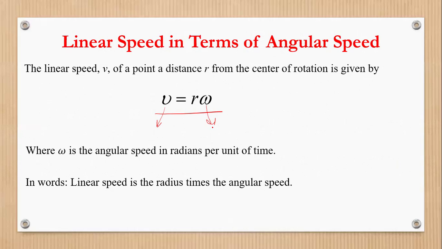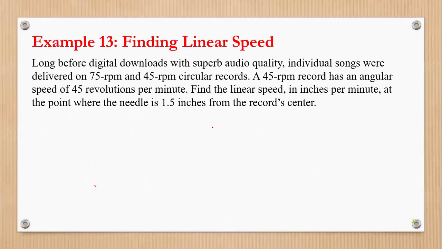Let's look at an example. It says, long before digital downloads with superb quality, individual songs were delivered on 75 RPM and 45 RPM circular records. A 45 RPM record has an angular speed of 45 revolutions per minute. Angular speed is omega.